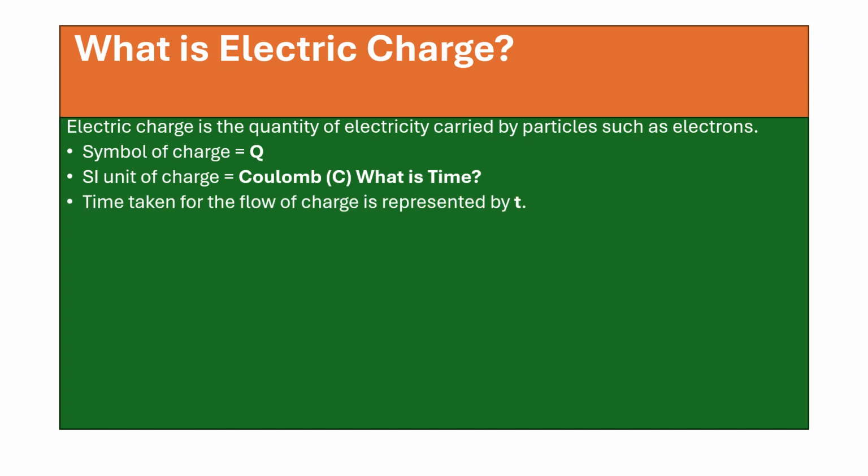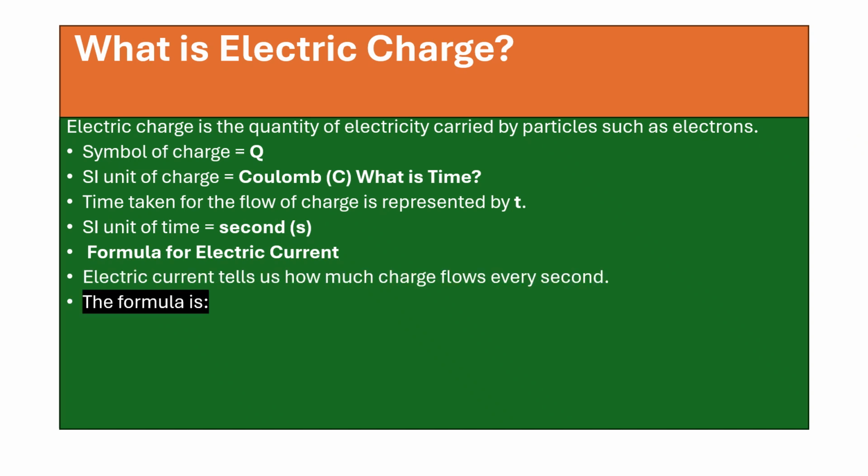Time is taken for the flow of charge and is represented by small t. The SI unit of time is seconds. So the formula for electric current once again is I is equal to Q upon t, that is how much charge flows every second. This means current is equal to charge divided by time. I hope this formula is pretty clear to you all.